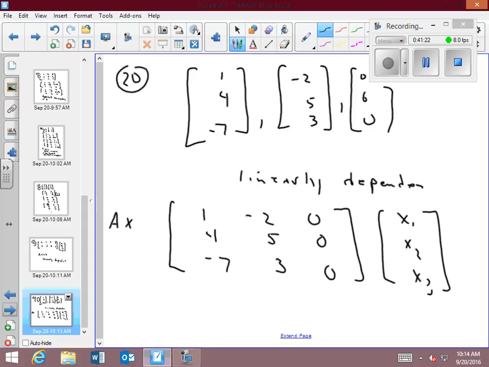So that's the reason theorem 9 says that you can't have a zero vector.